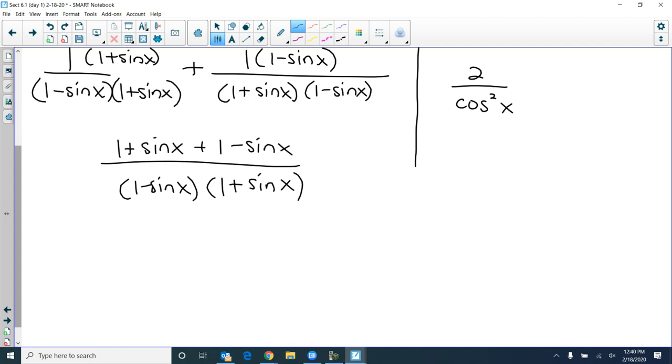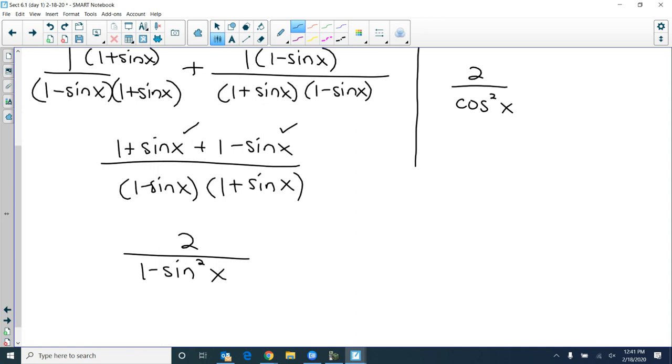What happens to the top though? What is 1 plus sine of x plus 1 minus sine of x? That's just going to equal 2, because you wrote it up with 1 plus 1. The sine of x and the negative sine of x add up to 0, so you're left with 2. Foil the denominator. 1 minus sine of x times 1 plus sine of x. It's going to be a difference of squares. What am I left with? 1 minus sine squared of x.